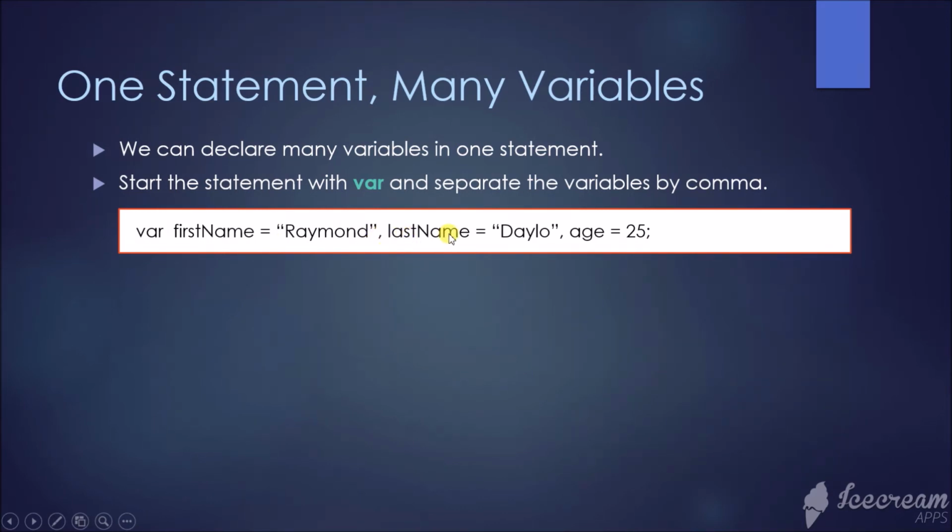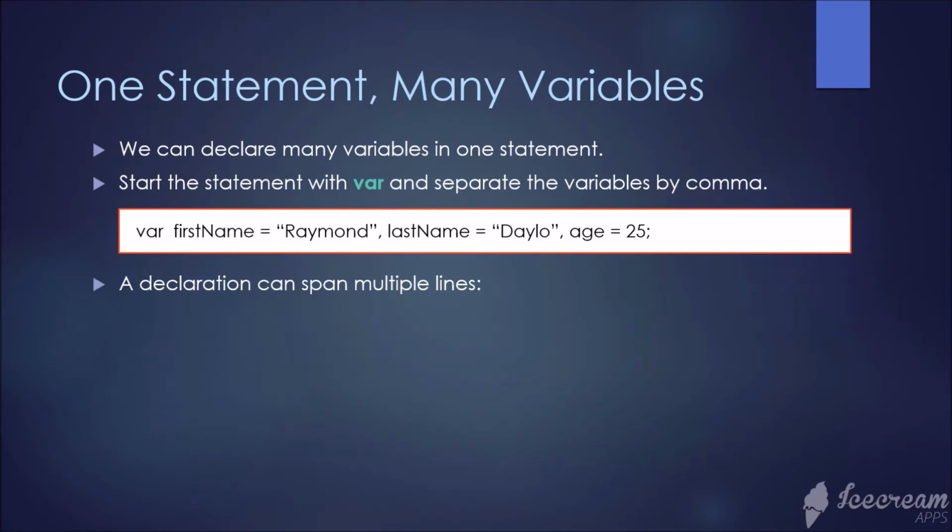Then another is last name equals another value, then comma, age equals 25. Then since it is the last part, we end our statement or our part of our declaration. So that is this one statement or single line many variable declaration.